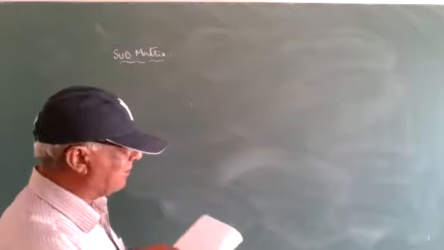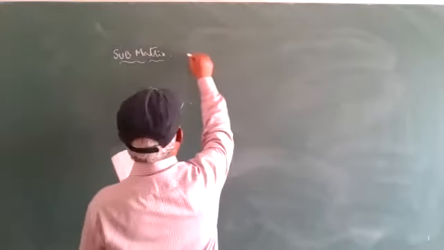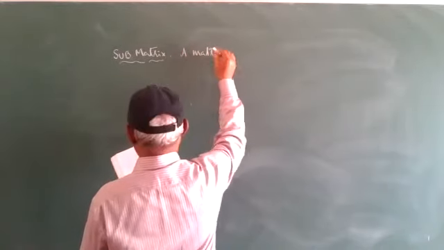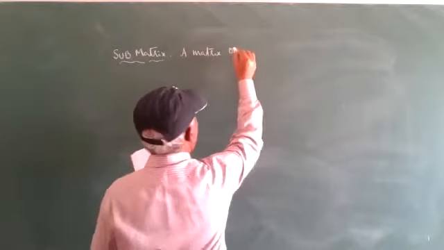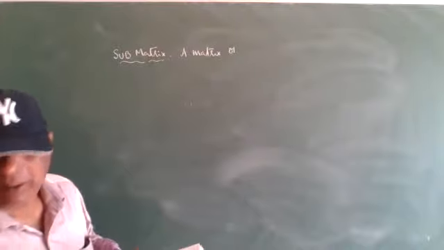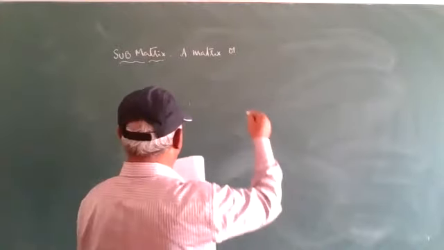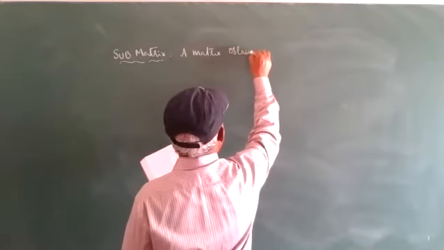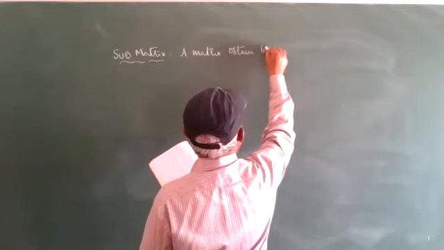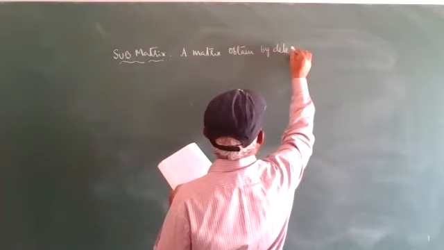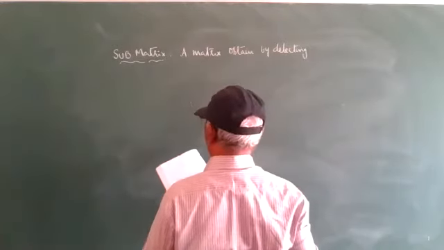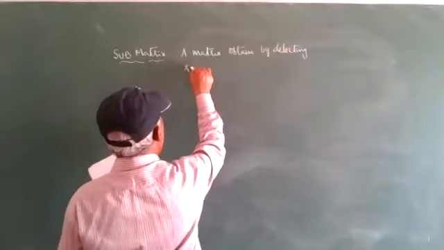I will write: a submatrix is a matrix obtained by deleting a row or column.